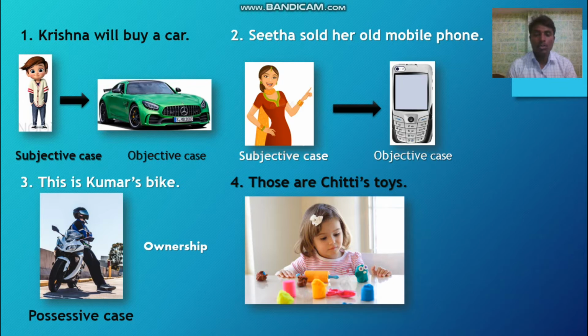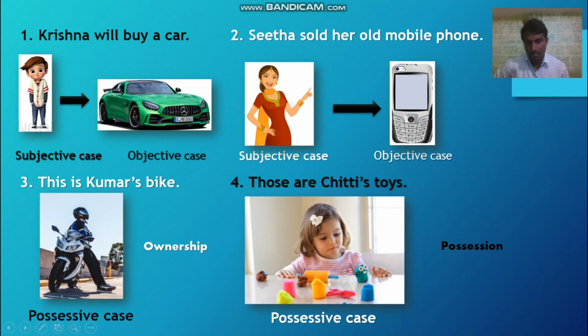Those are Chitty's toys. So Chitty here is in the possessive case. So possessive case represents possessions that belong to somebody. Here the toys belong to Chitty. So, those are Chitty's toys.